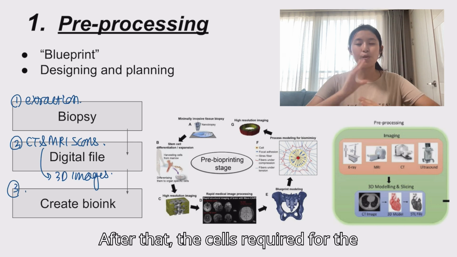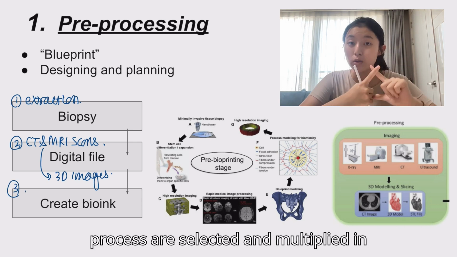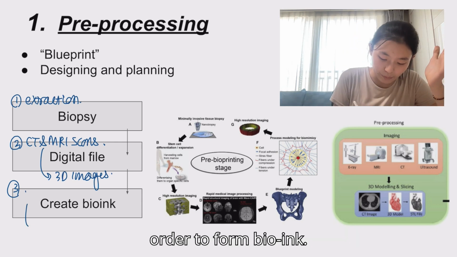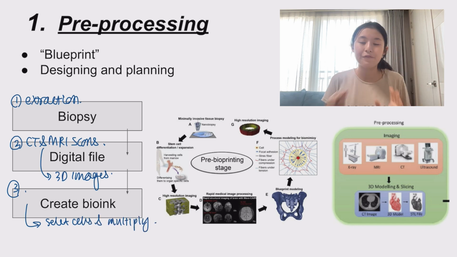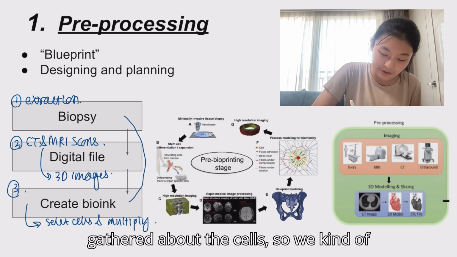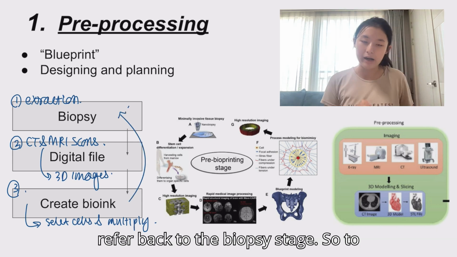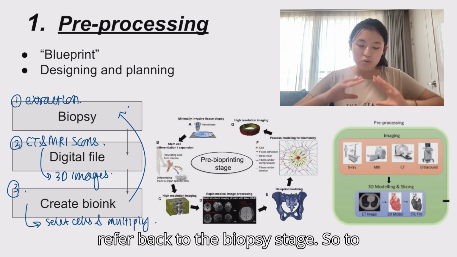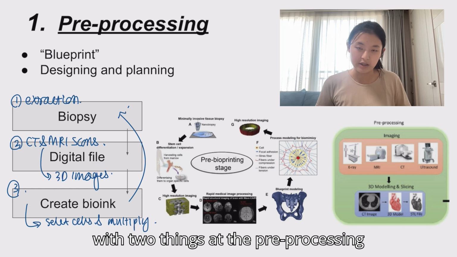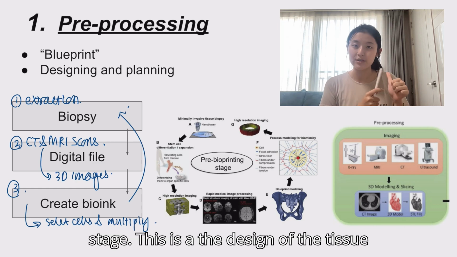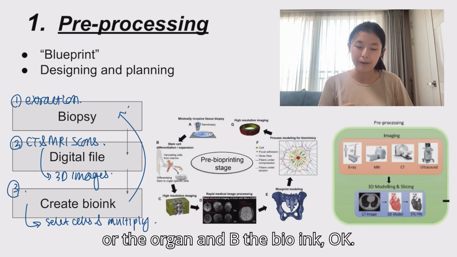After that, the cells required for the process are selected and multiplied in order to form bioink. For this stage, we need info gathered about the cells, so we refer back to the biopsy stage. So to sum up everything, we've come up with two things in the pre-processing stage. This is A, the design of the tissue or the organ, and B, the bioink.